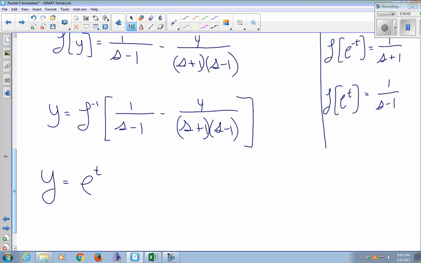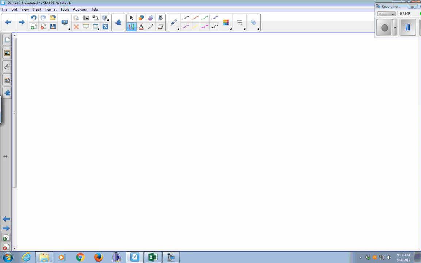The Laplace of e to the t is 1 over s minus 1. This part's a little harder, right? Because I have two things in the denominator, s plus 1, s minus 1. Do we have some method that you learned maybe in Calc 2 for breaking a fraction into a sum of two fractions with simpler denominators? Partial fractions, yeah. Let's do that on another page.